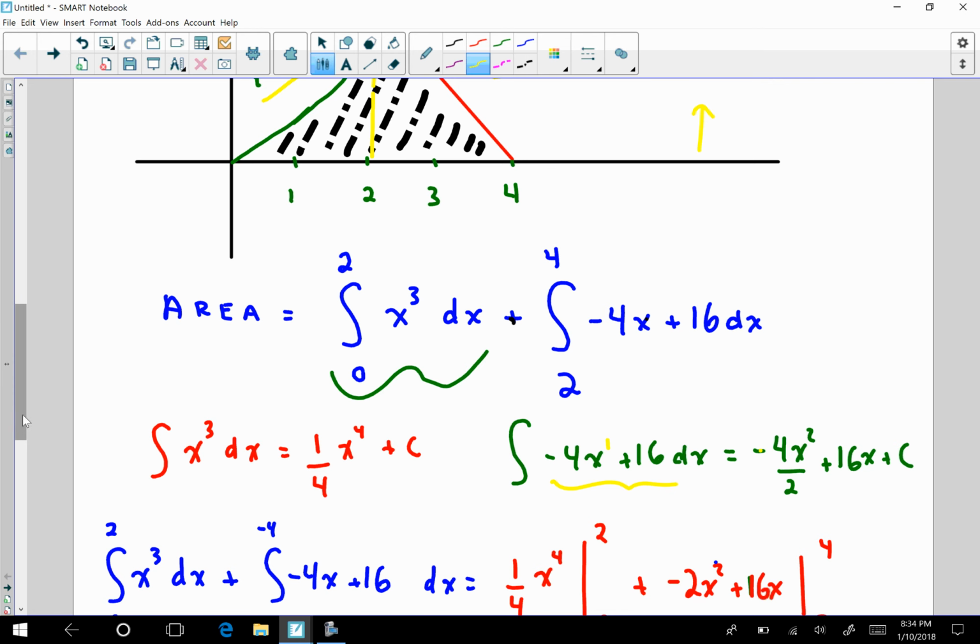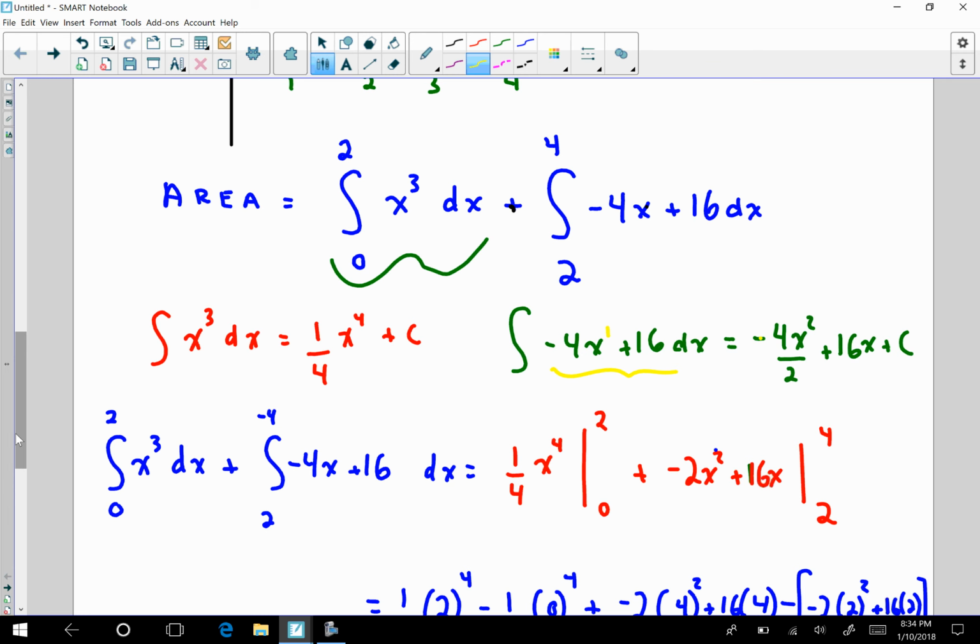So this area right here is equal to 1/4 x to the 4th from 0 to 2. I have my evaluation bar. This portion represents this portion.